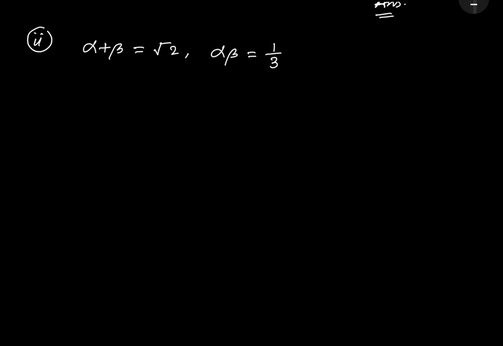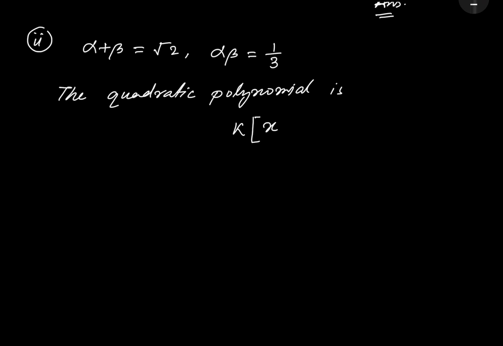So the equation of the quadratic polynomial is k times x square. First I will take k. Why I am taking this k, I will tell you later on.